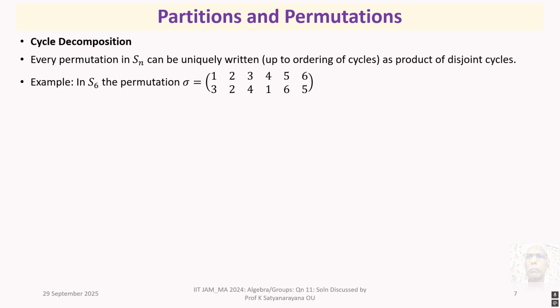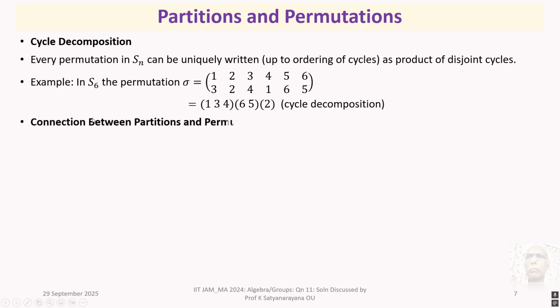And we write it as a cycle decomposition. 1 goes to 3, 3 goes to 4, 4 comes back to 1, so (1 3 4). 6 goes to 5, 5 goes to 6, so this comes back to 6. And 2 is fixed. This is the cycle decomposition. That means this permutation sigma is written as the product of disjoint cycles. Right, we got the cycle decomposition.